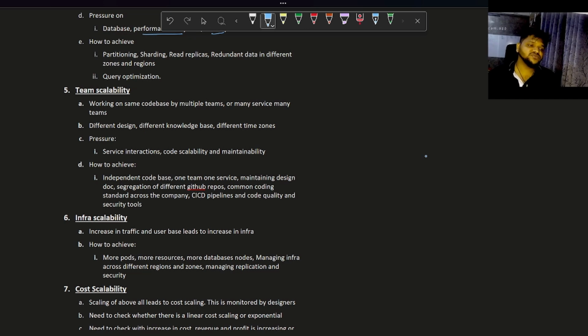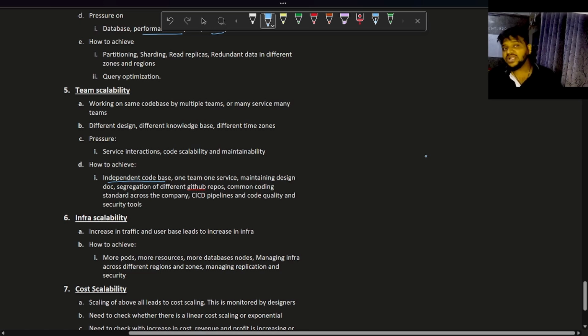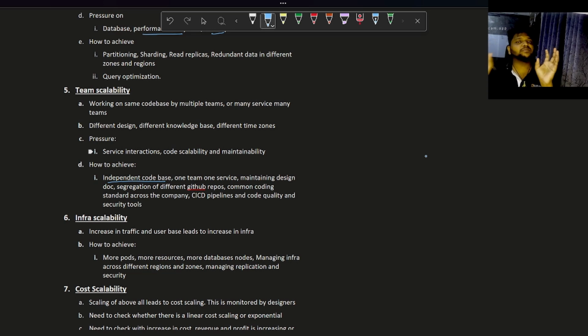How are we going to achieve this? If we want to, we should try for as independent a code base as possible. Again, every time it is not possible, but if it is possible, let's do that. Have multiple different repos for multiple different services, so that there are fewer conflicts when we are raising a GitHub pull request, and less transition of teams working on that particular code base.